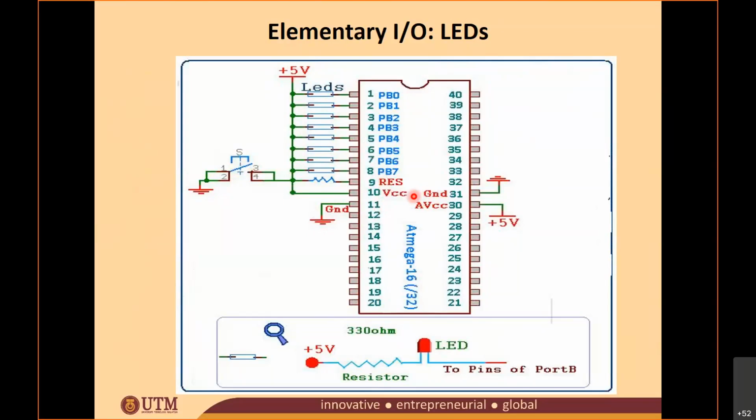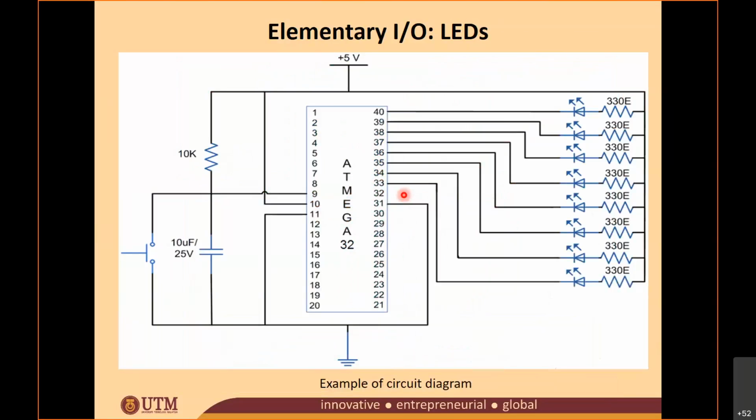So this is another circuit diagram, which is this one here. You see, this is an LED. This LED here is also a common anode. Why common anode? Because all the anode positive terminals here are connected to VCC, and then they go to pin 40 to pin 33.